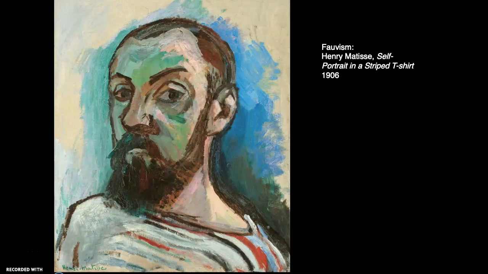The Fauves, or Fauvism, and this is a Matisse. The Fauves are hilarious because in a lot of ways they were the total punks of the art world. It's like the Academy was like, this is what good art is. The Academy was like, this is how art needs to be. And the Fauves are like, screw that. I'm going to just make it however I want. I want it to be green and pink. Okay, I'm going to use garish colors.